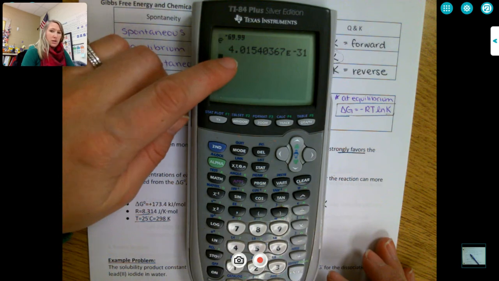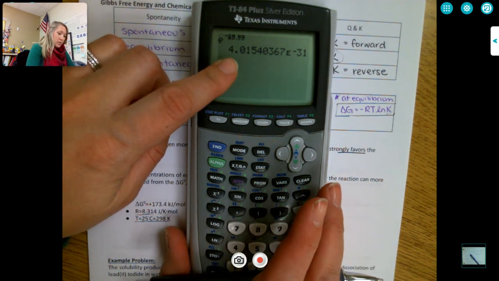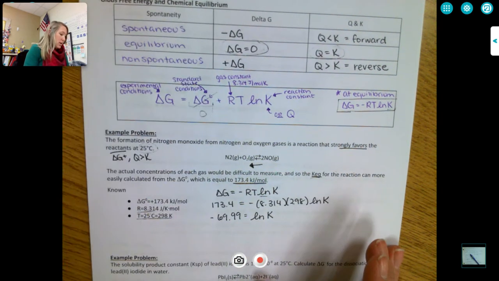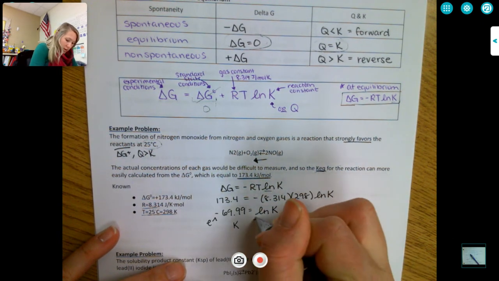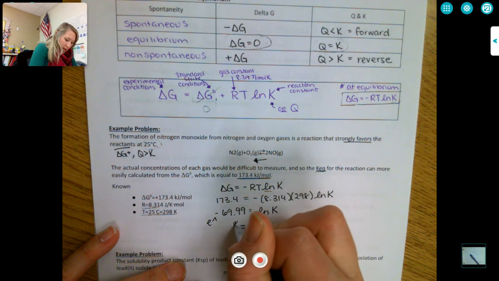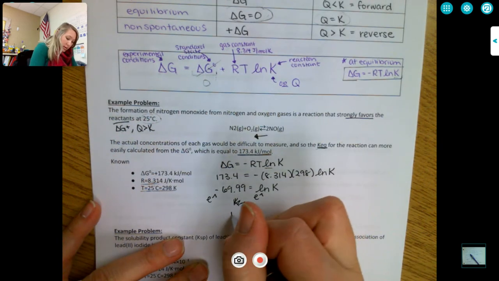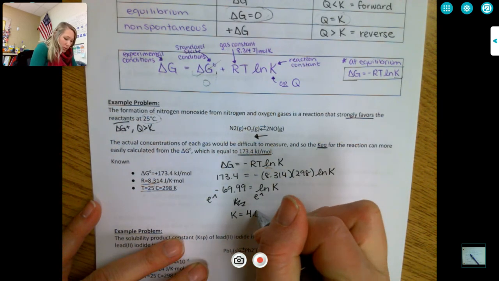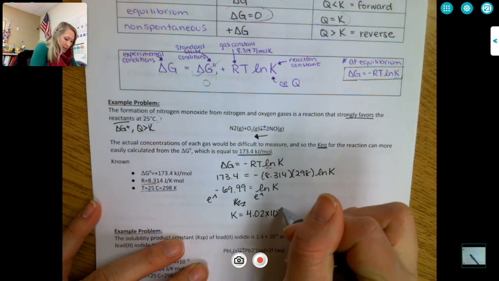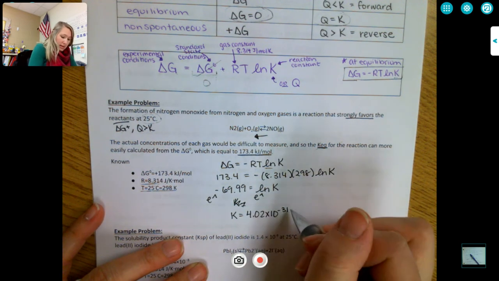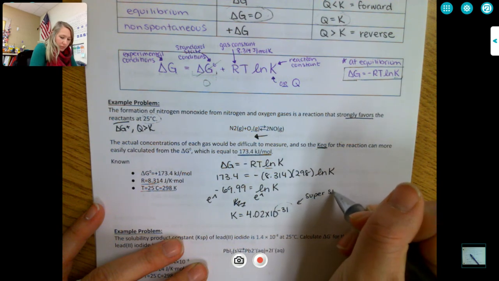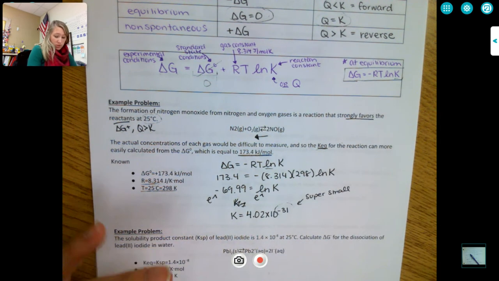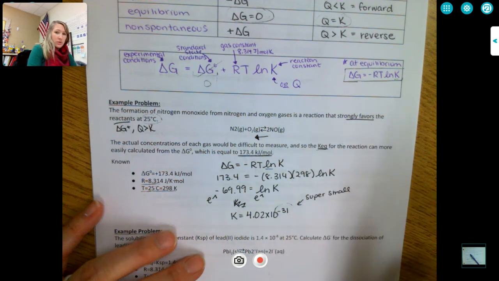That gives us the opposite of our natural log, so K equals 4.02 times 10 to the negative 31. This number makes sense because negative 31 is super small, which tracks with the fact that we said it strongly favors the reactants.